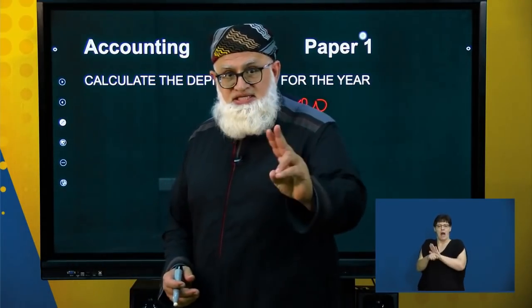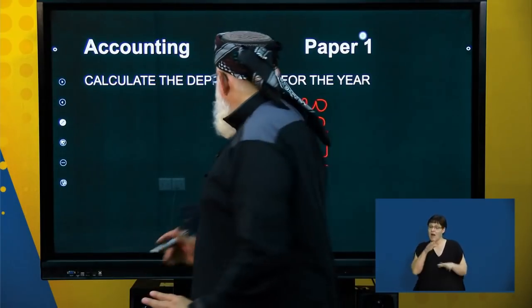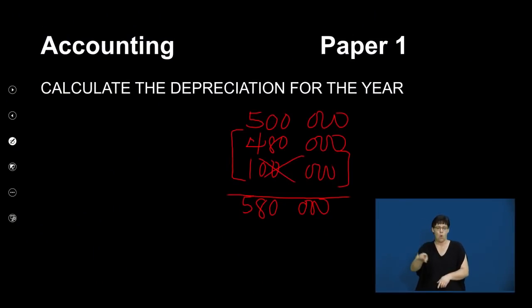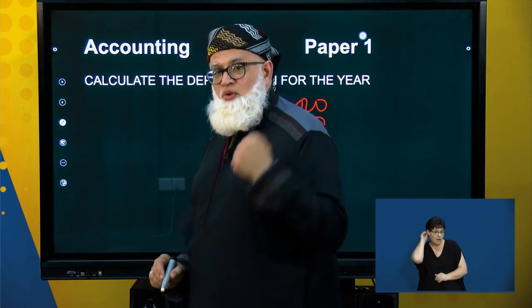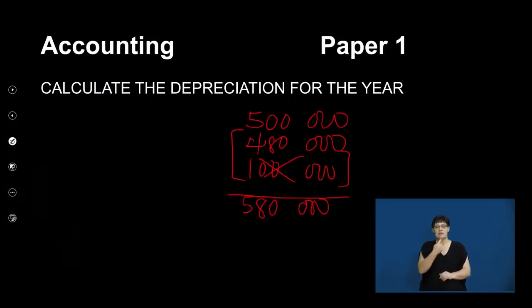If you get this situation, grade 12s, ignore the 100,000 and remember, this is where we talk about the 1 Rand carrying value. We said 500 minus 480, the initial amount, gave me a figure of 20,000.